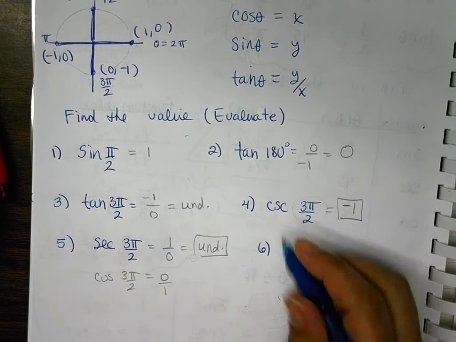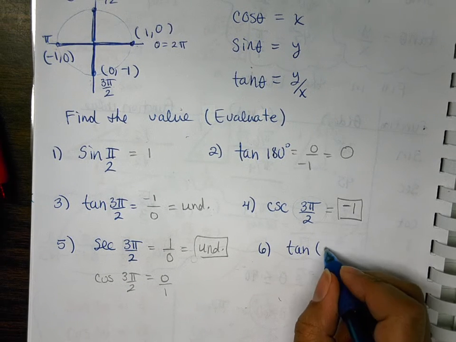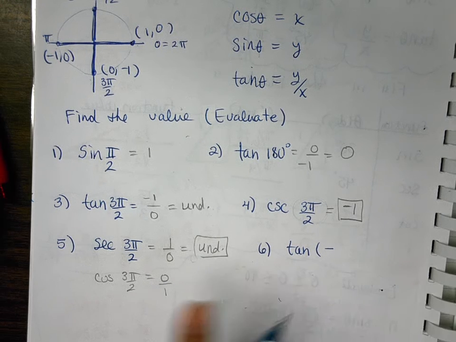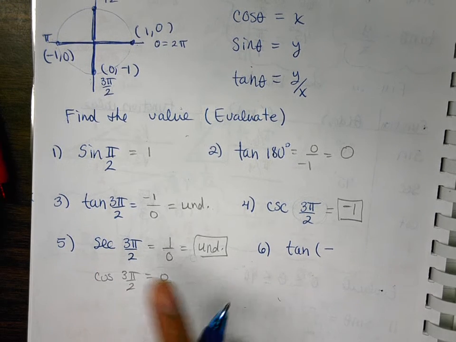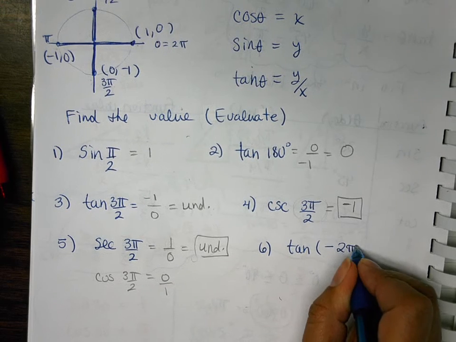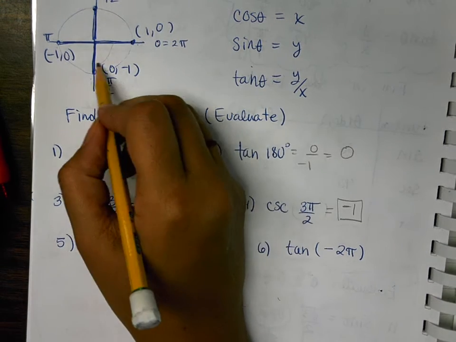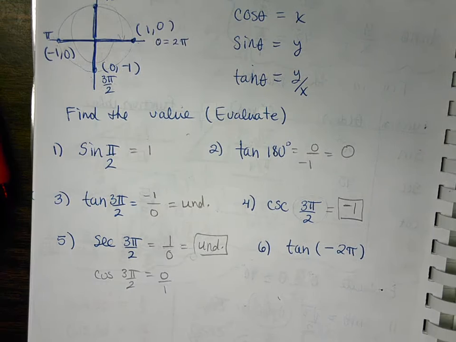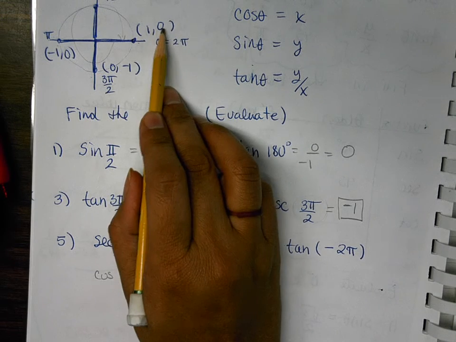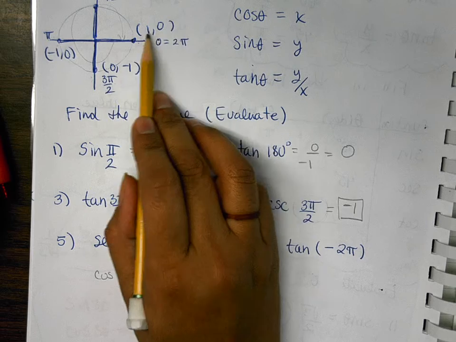Number 6. Do you guys remember that last year? Maybe not, because you guys didn't deal with the reciprocal functions last year. Okay. Tangent of negative 2 pi. Negative 2 pi is going in this direction. Do I end up in the exact same spot as 2 pi? Yes. Tangent is y over x, so is this one 0 or undefined? 0.